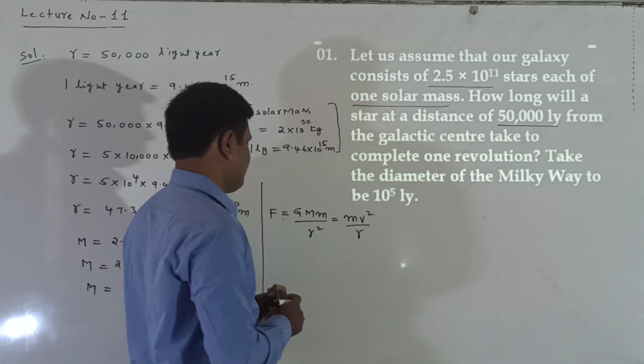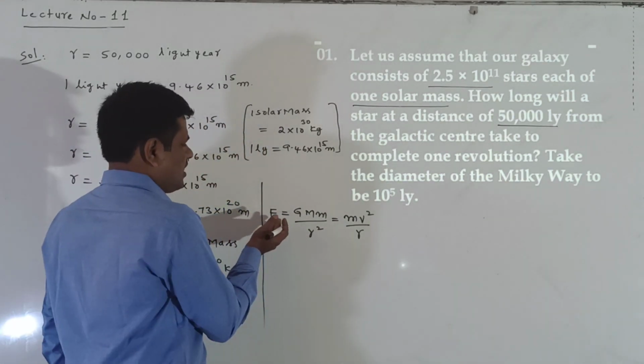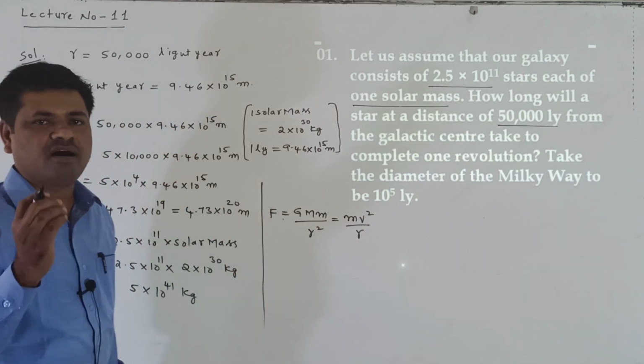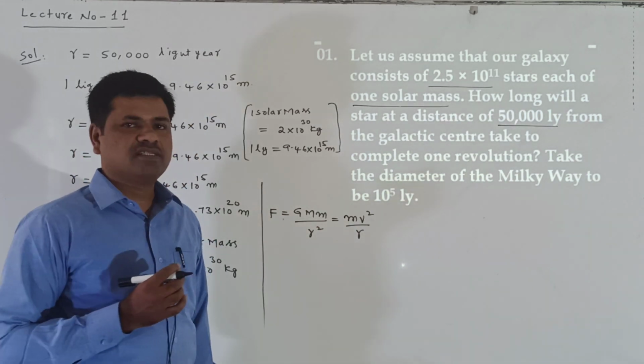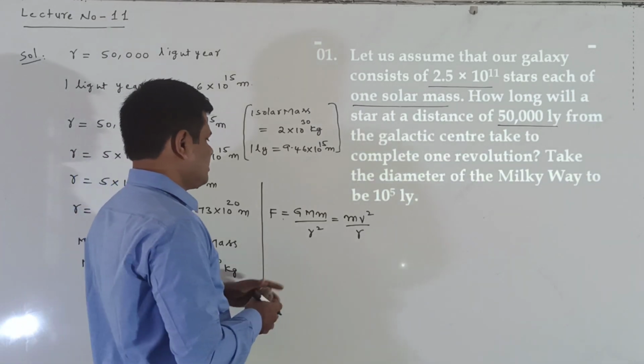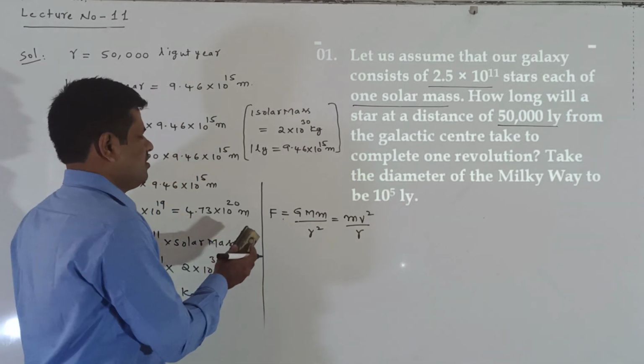From this equation, the gravitational force of attraction between the star and the galaxy gives the necessary centripetal force. Necessary centripetal force means GMm by r square is equal to mv square by r.